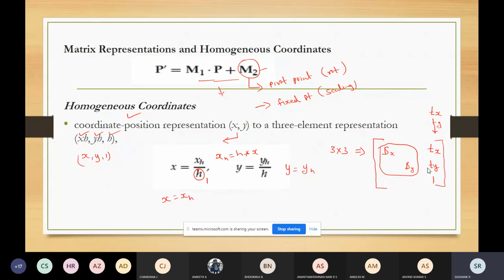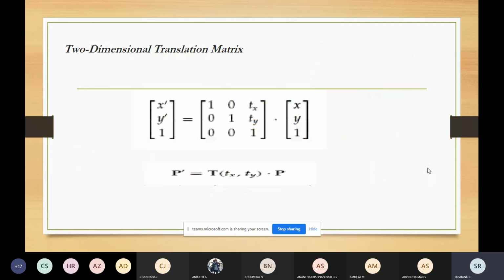Now instead of representing it in two separate equations, all three transformations can be represented in a single matrix itself. For that, is this slide visible? Two-dimensional translation matrix.